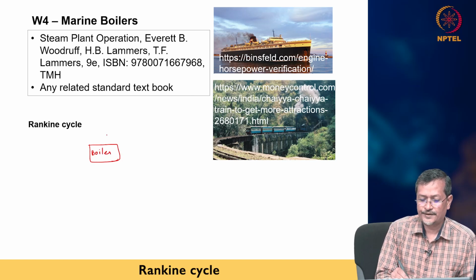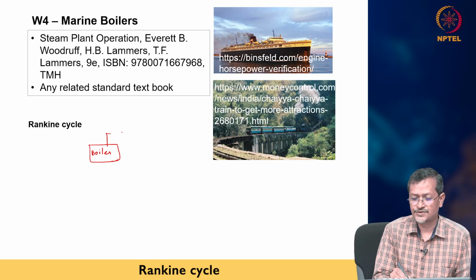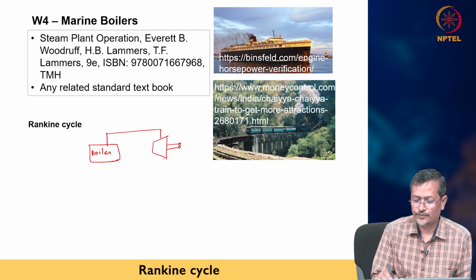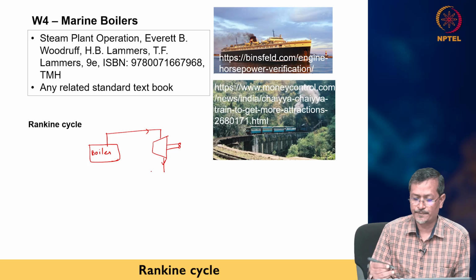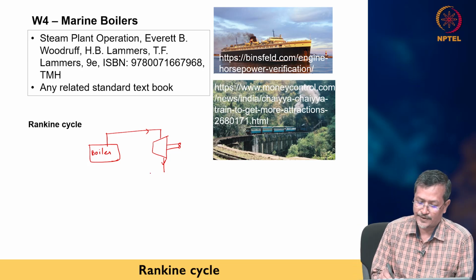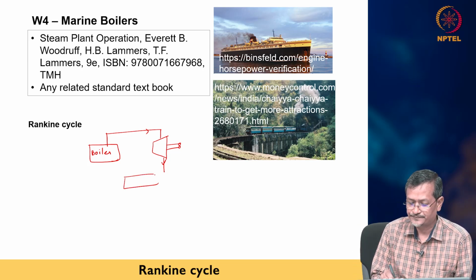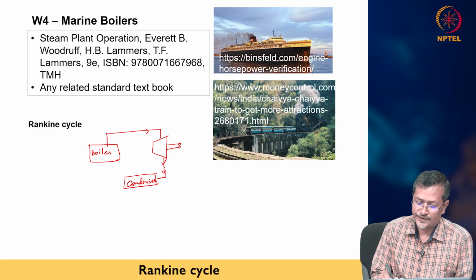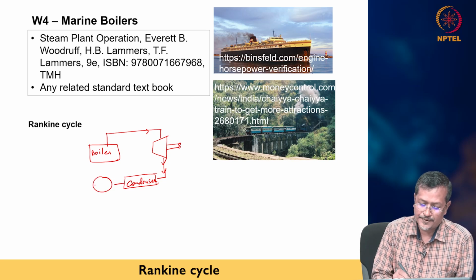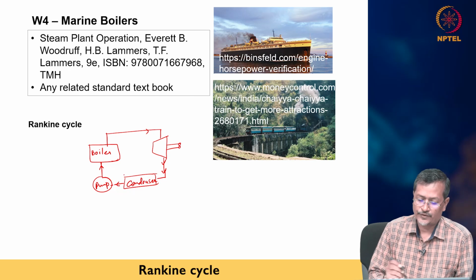Boiler, then the boiler will be producing steam which will go to the turbine. From the turbine, low temperature, low pressure steam will come out, and it will go to the condenser, then from the condenser it will go to the pump, to the boiler. Okay, this is the sequence.